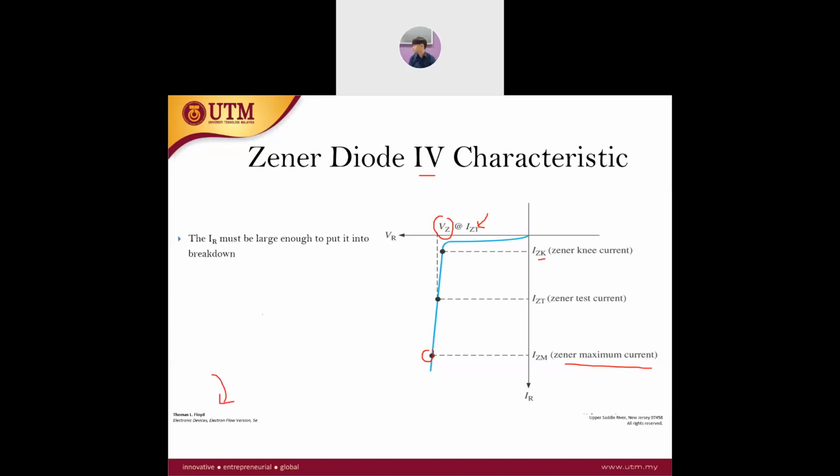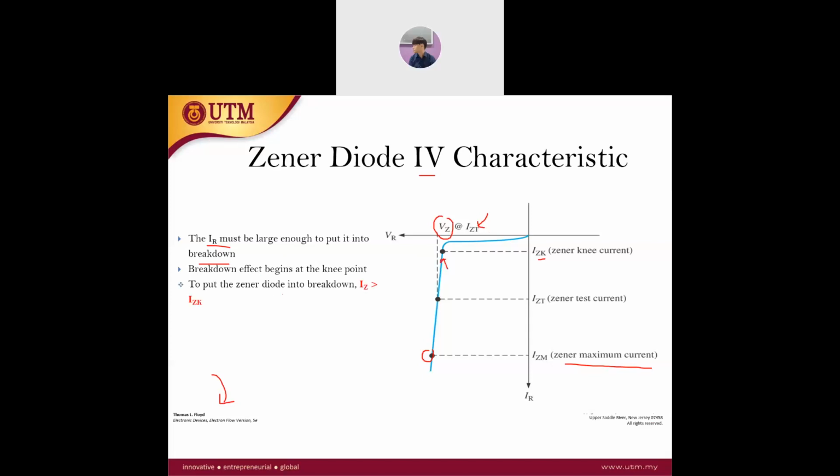The IR must be large enough to put it into breakdown. Otherwise it will not go to the breakdown region, it's just in the reverse bias region, because we want the Zener diode to enter the breakdown region. Breakdown effects begin at the knee point, where the current starts to increase rapidly.